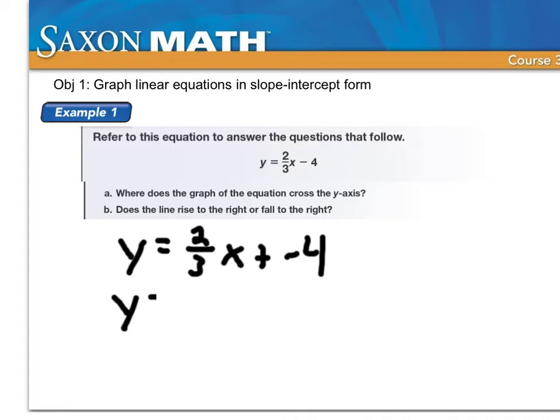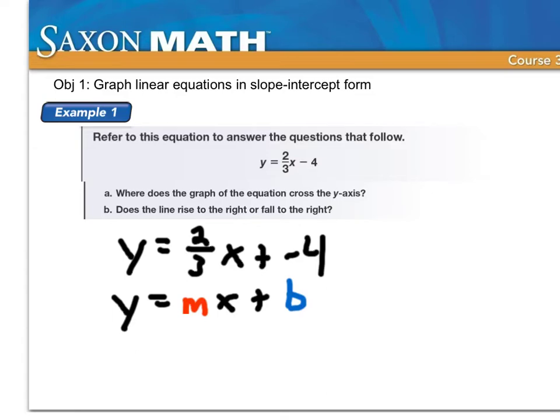Again, that was y equals mx plus b. The good thing about this is that we should be able to tell what our slope is and what our y-intercept is.